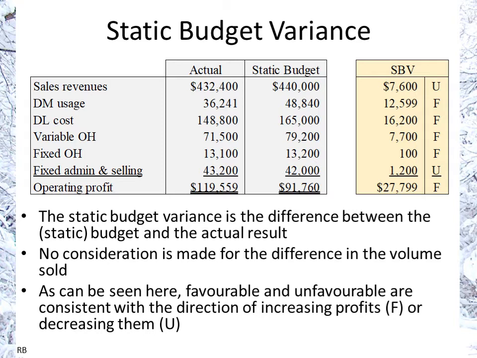So we have lower sales than the static budget says. That's why it's unfavorable. But we're favorable in terms of the costs of direct materials, labor, variable overhead, and fixed overheads. We're again higher for the fixed admin and selling expenses.